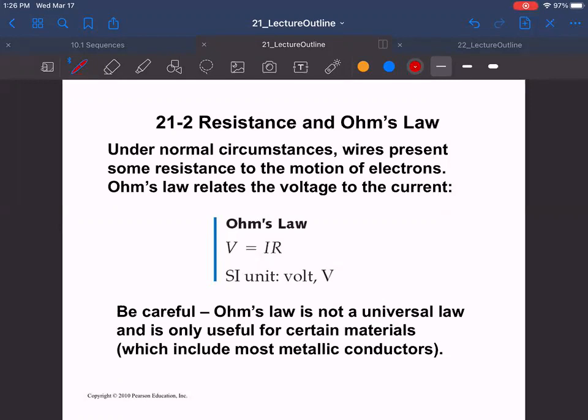Like if it's an alternating current, the different frequencies will change how this works, and so it doesn't quite fit with this kind of thing. So really it's just material based and situation based. But usually what we're talking about here is resistors, where most of it will work. Inductors, capacitors, things like that we haven't talked about yet, we'll get to.